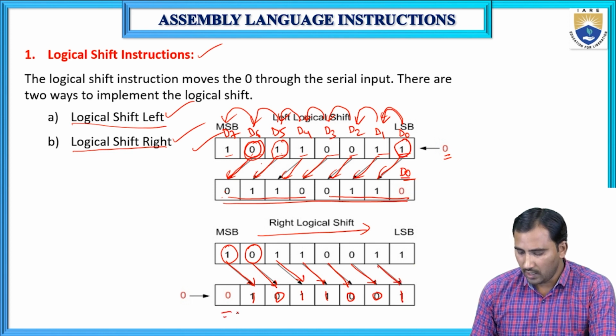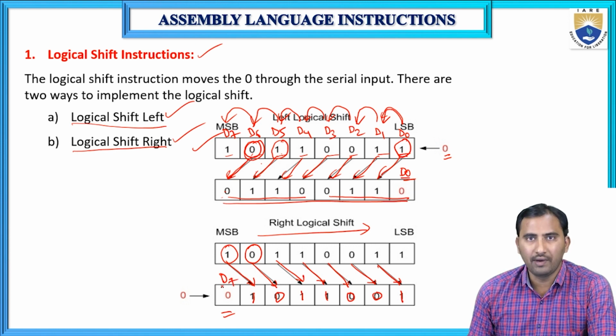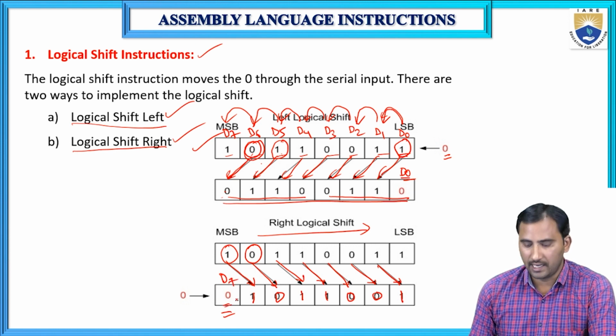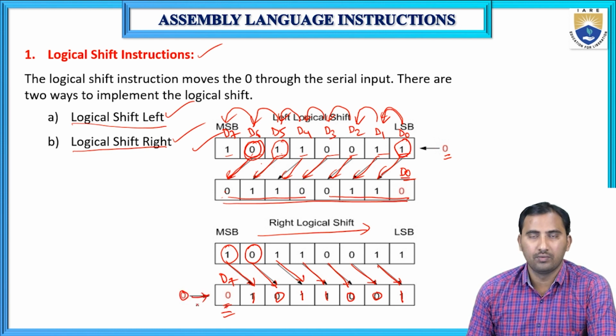Okay. So here in this D7 place is vacant. It is vacant. So this vacant position we can fill with 0. So this is the logical shift left and shift right instructions.